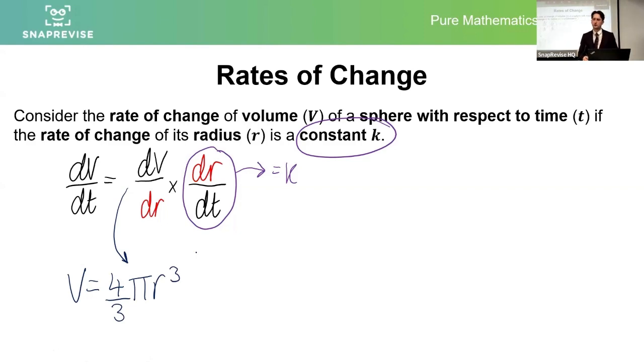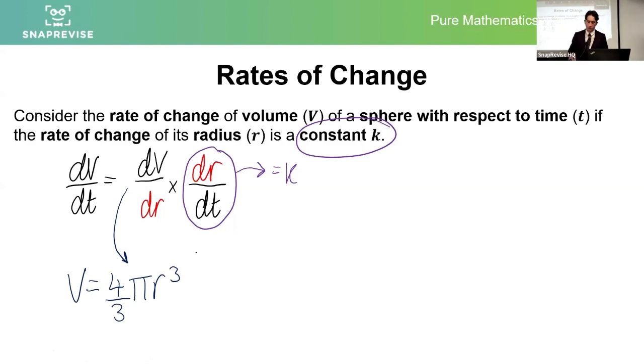But that now gives you a formula that you can differentiate. And if you differentiate, just like if it was y and x, the derivative you'd be working out would be dv dr. Okay, let's do that.